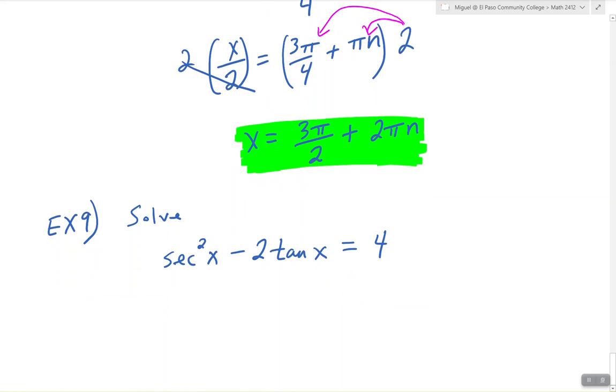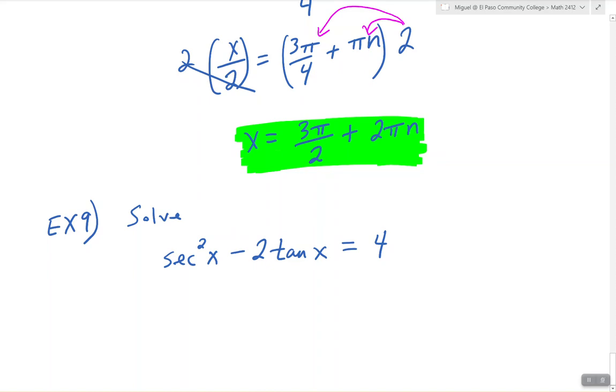We do have a squared trig term in a single trig term, right? So it might be a quadratic kind of situation. So we want to probably have the same trig function. Tangent is hard to change, right? I can change it to maybe sine cosine or something like that, but then we're adding a fraction in. So it looks like it's much easier to plug something in for secant.